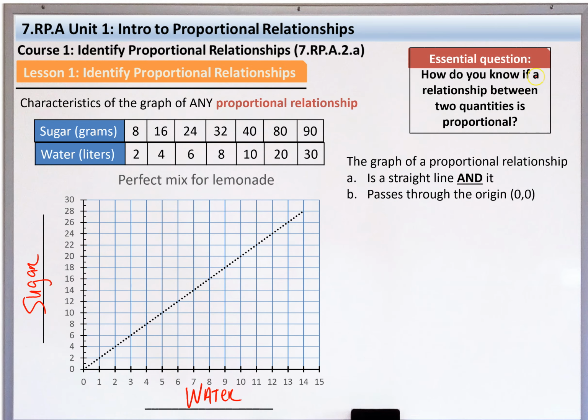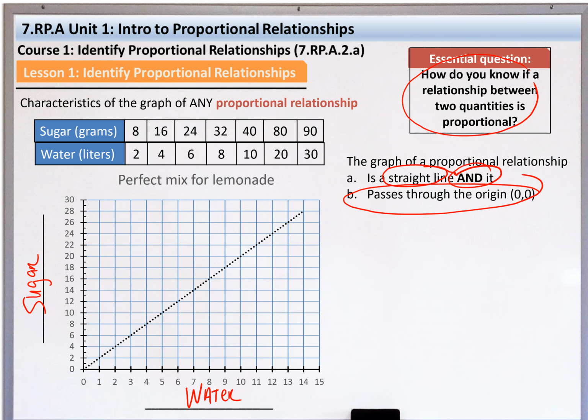Our question again is, how do you know if a relationship between two quantities is proportional? Well, we already said if it's constant, which means it has the same scale factor. But also, and this is very important, whenever you graph a proportional relationship, it will always be a straight line and pass through the origin. By origin, we mean 0, 0.